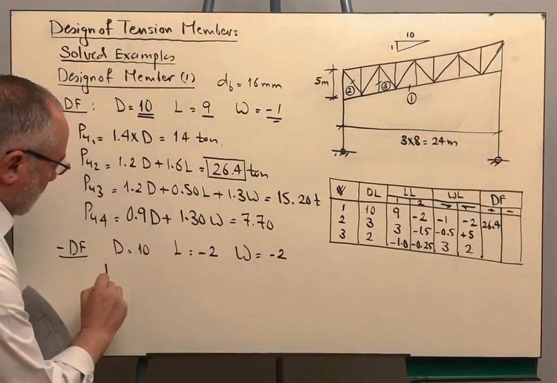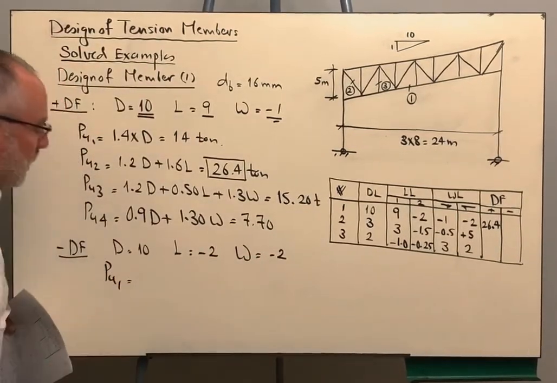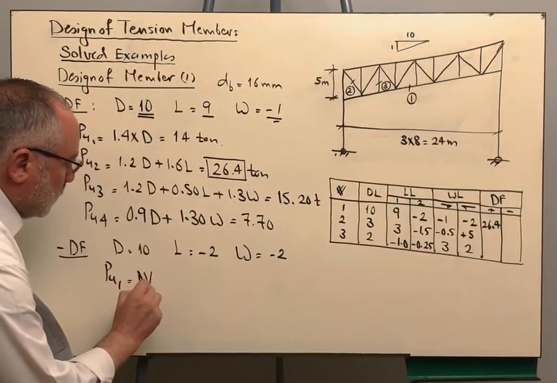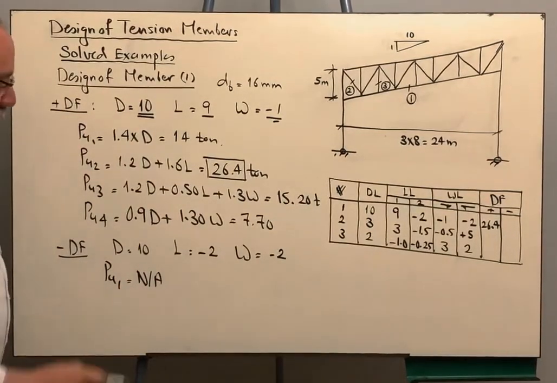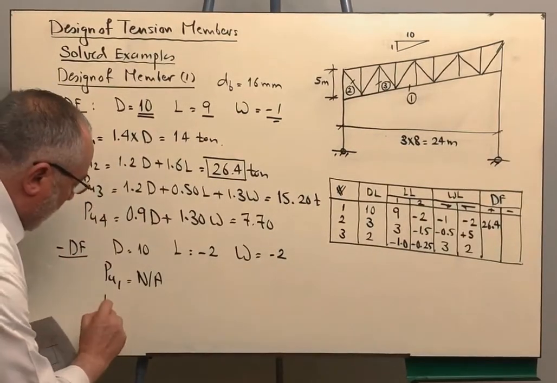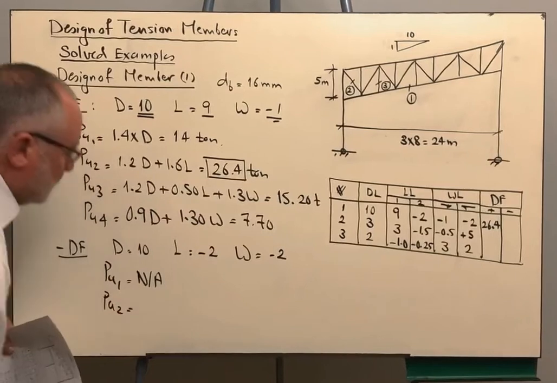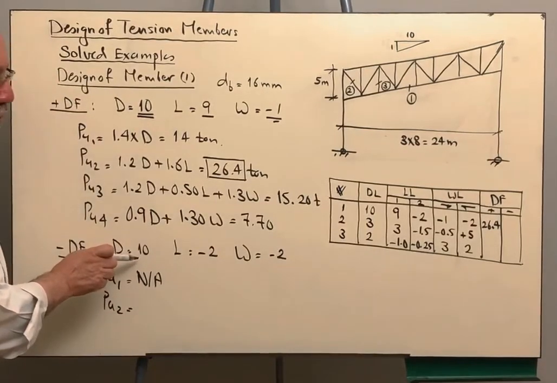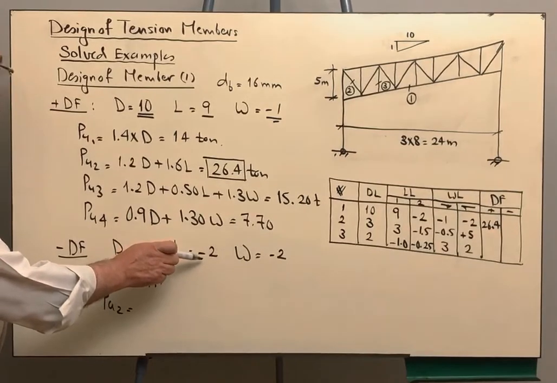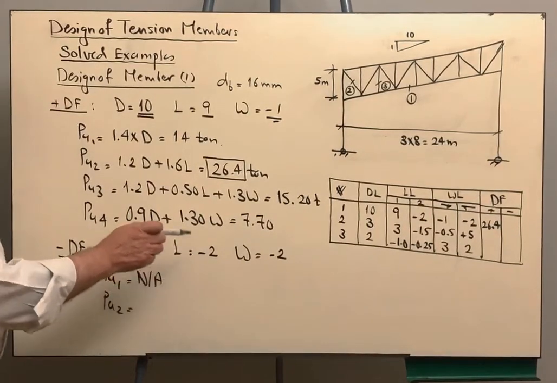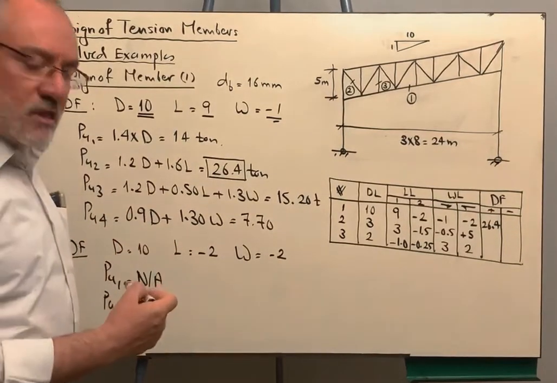Now, if you plug in the first load combination equation, this is not applicable because you are going to get a positive design force. 1.4 times 10 is 14. And the second one, also, you are taking 1.2 of the dead minus 2 multiplied by 1.6, so you are going to get a positive design force.